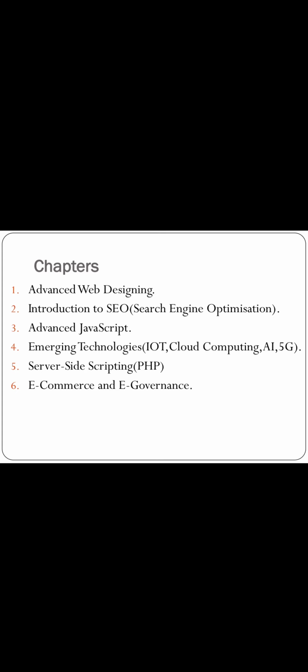Means when we'll be using infrastructure as a service from the cloud, it is the IaaS. Then second type of service is PaaS. The PaaS stands for platform as a service, where you will be using the different platforms available on the cloud as a service.